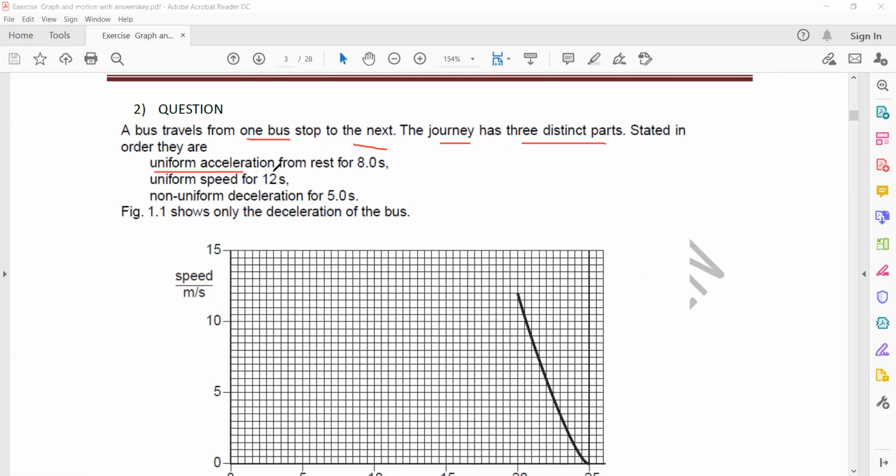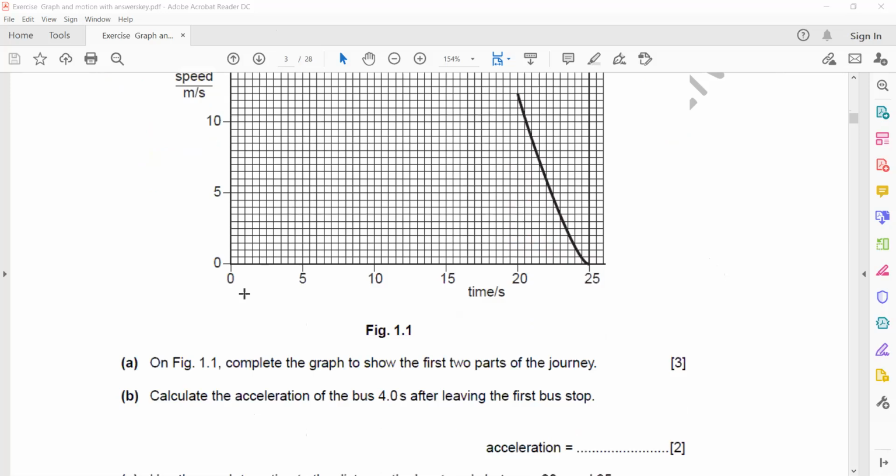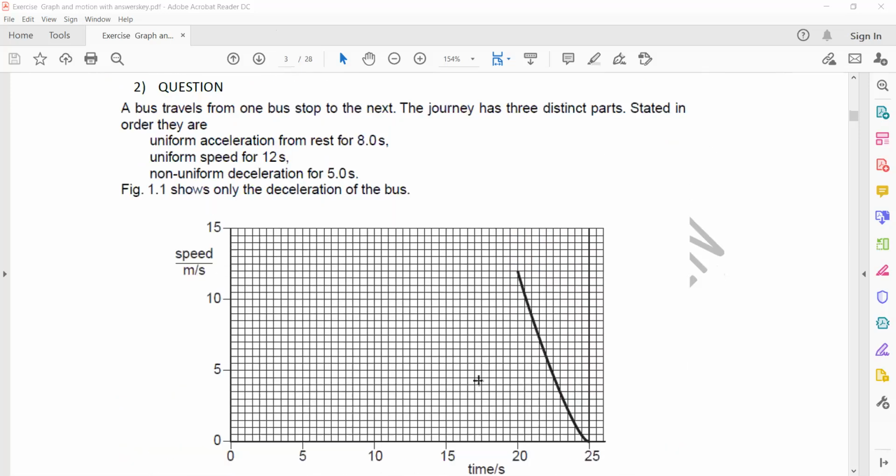First, a uniform acceleration from rest for 8 seconds, then a uniform speed for 12 seconds, and then a non-uniform deceleration, non-uniform means it's not constant, for 5 seconds. The figure is shown for deceleration of the bus. On the figure, complete the graph to show the first two parts of the journey.